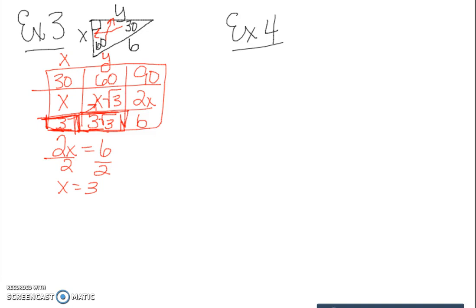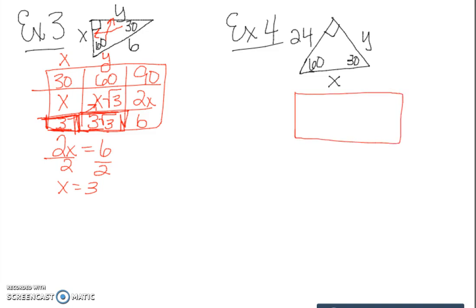Example 4. This is my 30-degree angle. This is my 60-degree angle. They want me to find x here and y, and they tell me this is 24. Okay, so again, this is a 30, 60, 90 triangle, so I am going to create my graphic organizer.